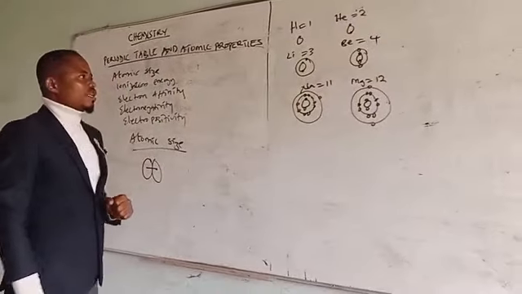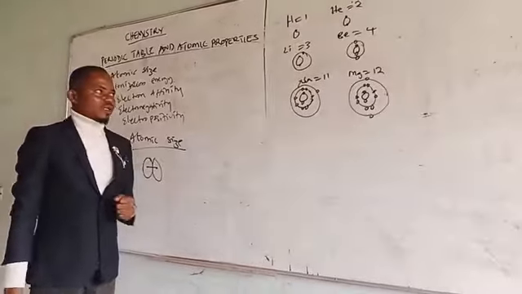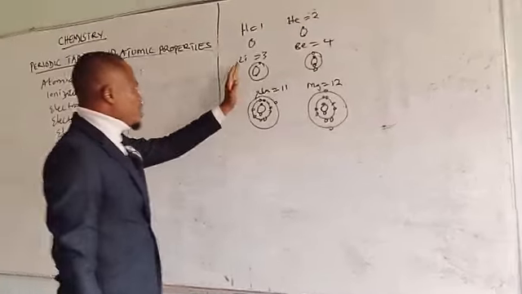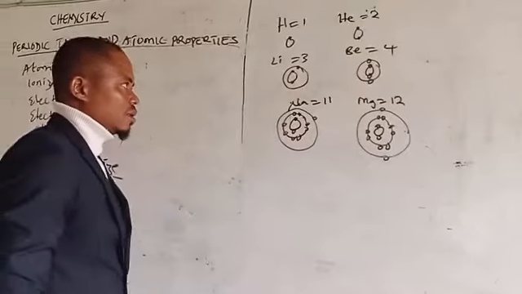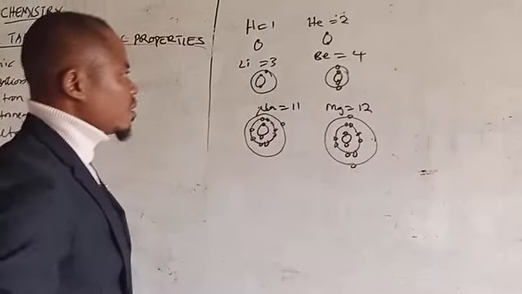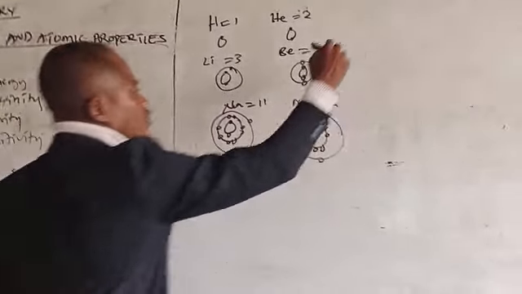Now, we want to look at the variation of the atomic size in the periodic table. As we move across the period from left to right, what happens? Let's look at boron in group 3.